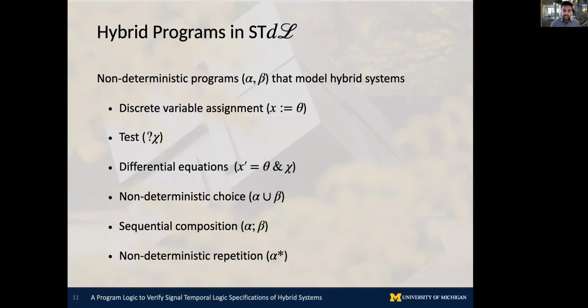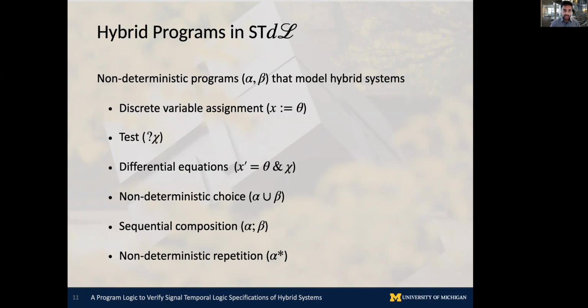Since STDL is aimed at verifying properties about hybrid systems, it stands to reason we need some way to express hybrid programs that represent such systems. As in DL, the hybrid programs in STDL are non-deterministic programs, alpha and beta, that model hybrid systems. These programs can be discrete variable assignments, x is assigned this value theta.